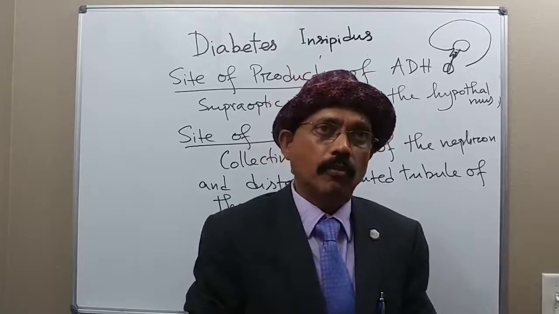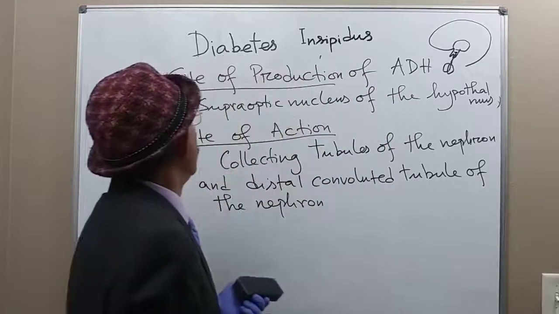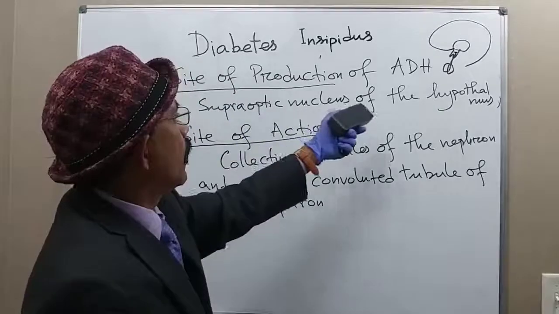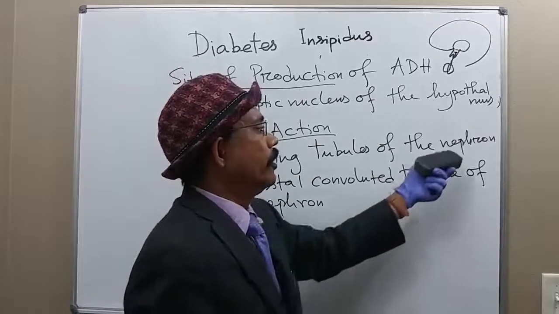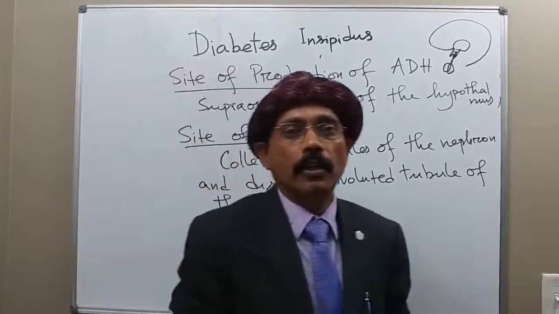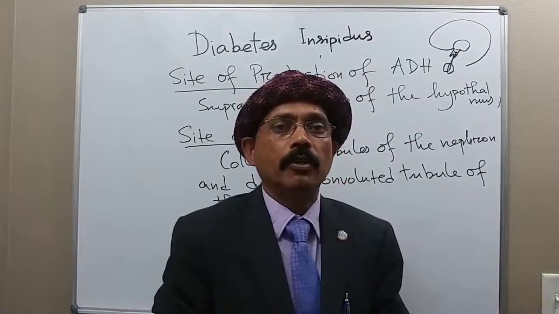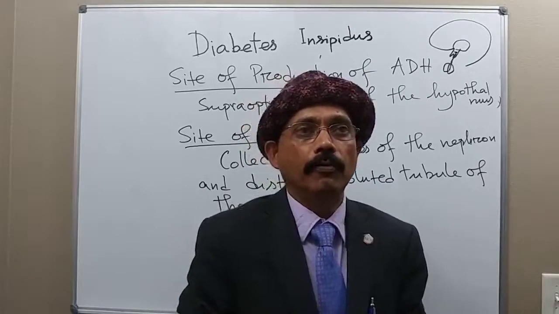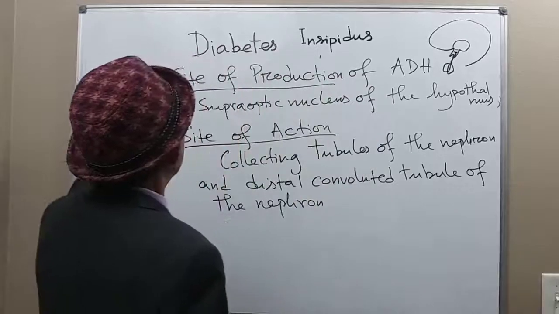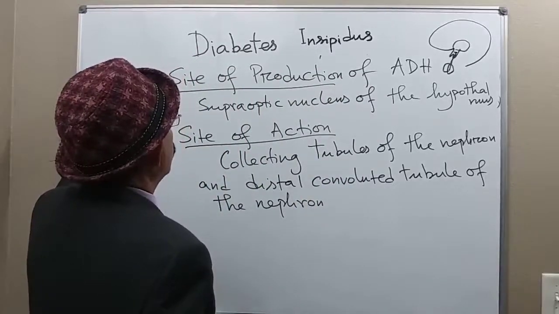It is not the site of production. The site of production is the hypothalamus. The site of action is the collecting tubules of the nephron. The nephron is the structural unit of the kidney. Each kidney has around 1 to 4 million nephrons.